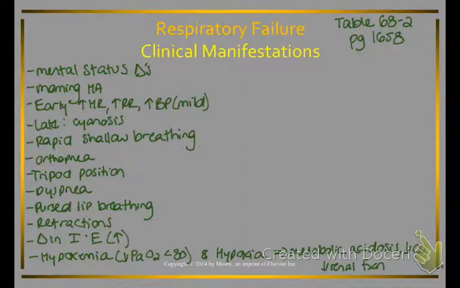And they're going to have hypoxemia. We want their PaO2, which is basically your blood gas, to be greater than 80. So hypoxemia is when the PaO2 is less than 80. Hypoxia is when you have signs and symptoms.